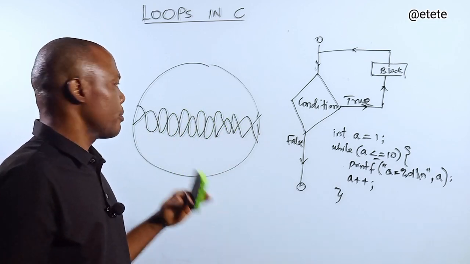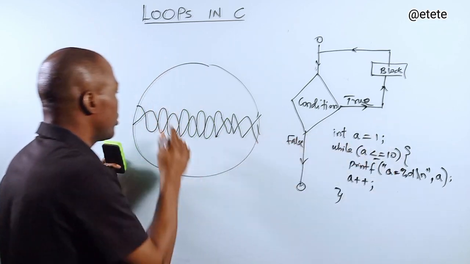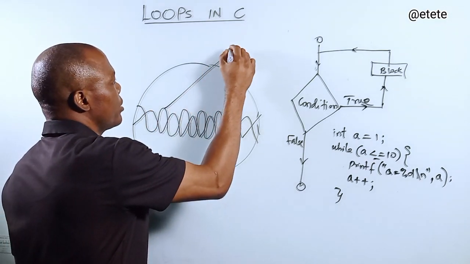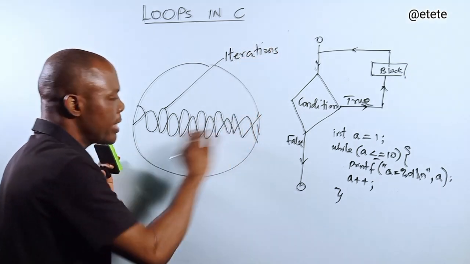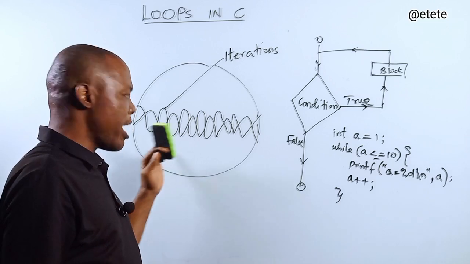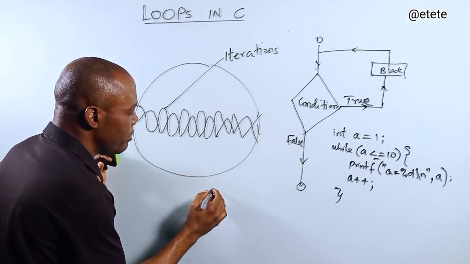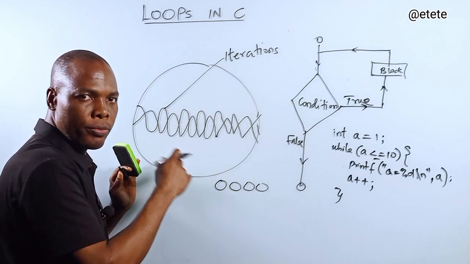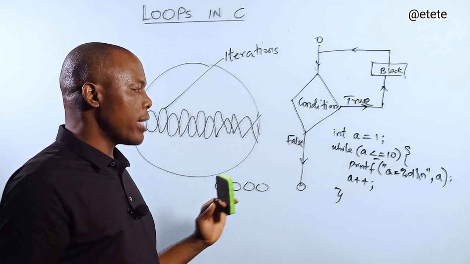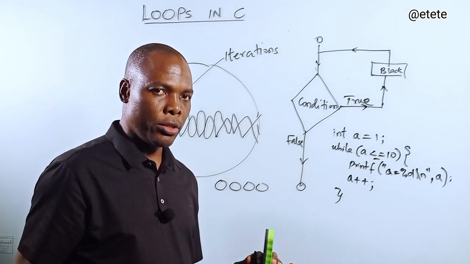So these are the iterations. What I'm saying is that you have inner cycles inside the main cycle. So this loop has 10 iterations.